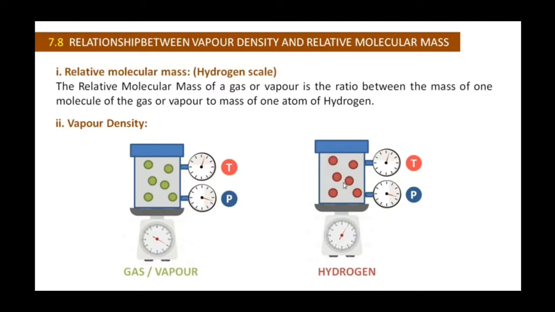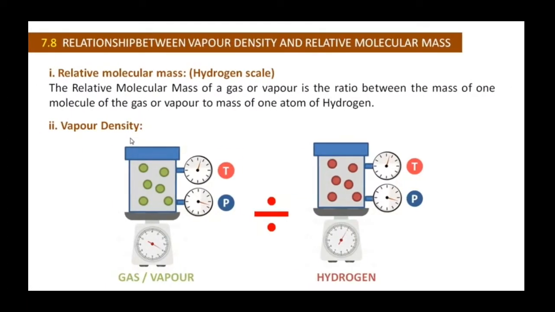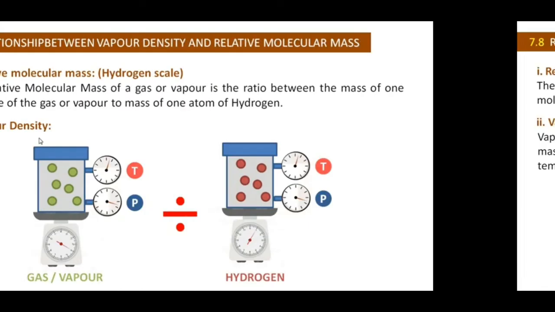But the volume, temperature and pressure of both the containers are the same. We have to find the mass of both the containers and the value which you get by dividing the mass of gas by the mass of hydrogen is called the vapor density.